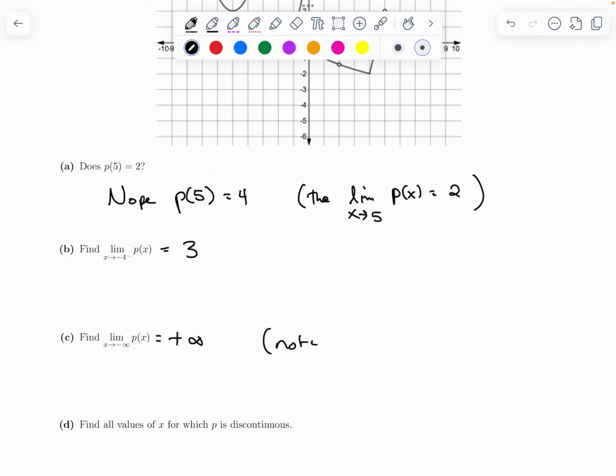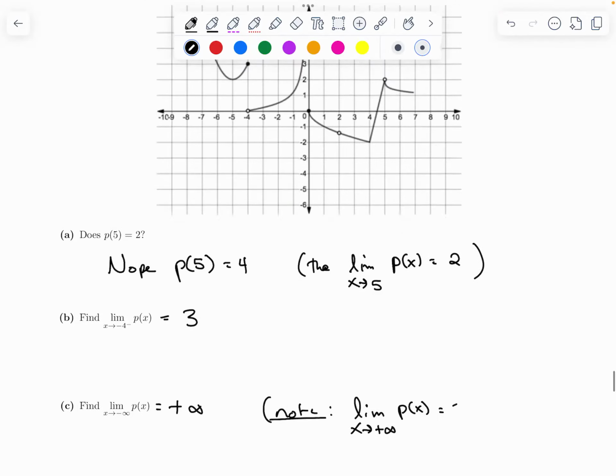Note the limit as x approaches positive infinity of P of x will equal 1. Just as a bonus question. So maybe not note, let's say bonus. Bonus.